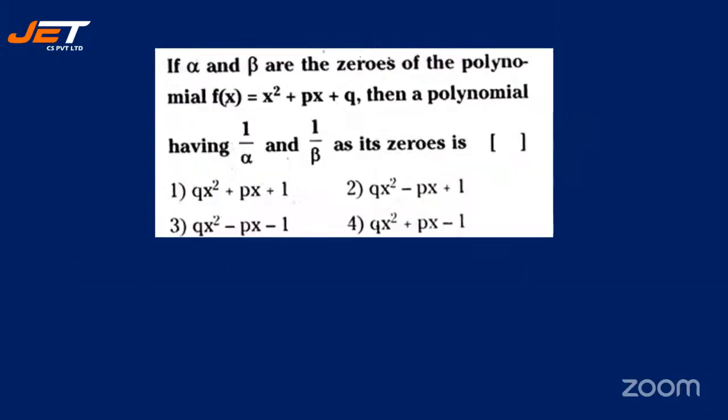See the next question. If alpha and beta are the zeros of the polynomial f of x is equal to x square plus px plus q, then the polynomial having 1 by alpha and 1 by beta as its zeros is dash.